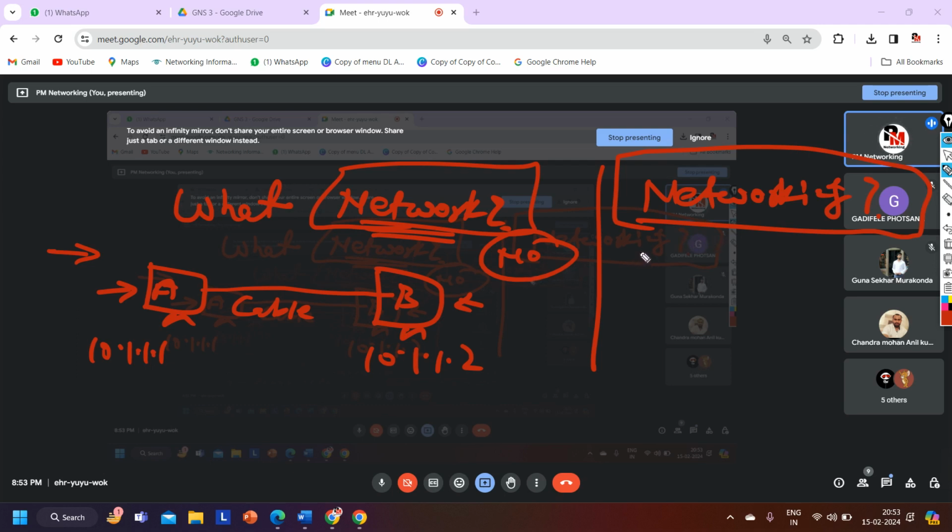The process of constructing a network is called networking. Like you have two computers and you connect them together. The process of designing a network, like cabling, configuring the network, configuring the protocol, configuring the IP address, is networking.